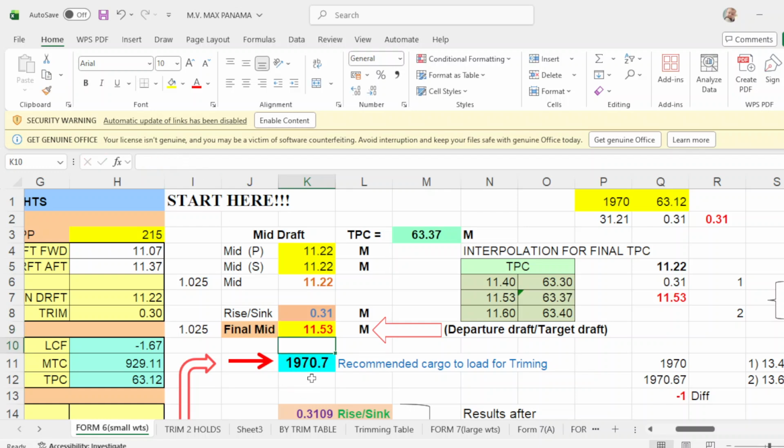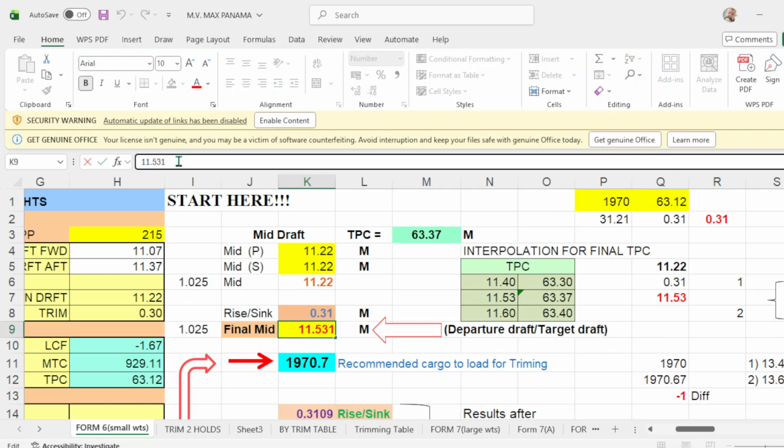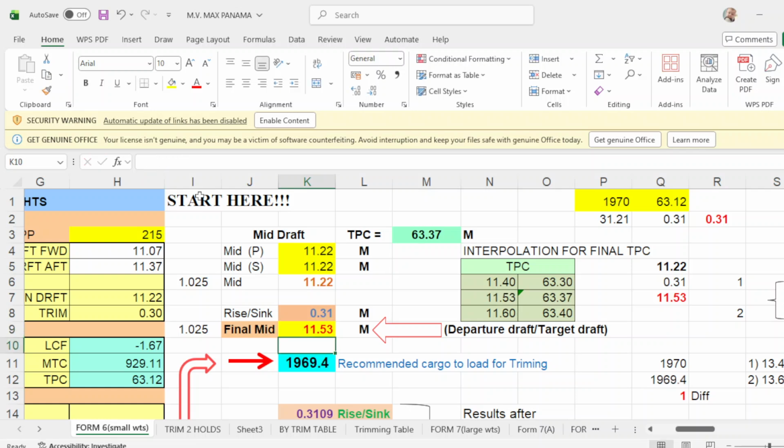Now it's 1970.7. So we want to make it exact. I will put this 08. Okay. Put this to 09.